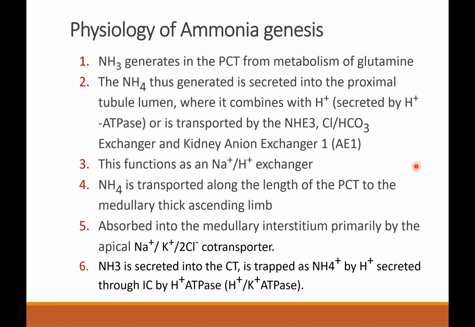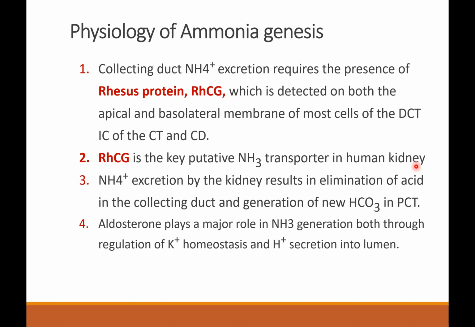For the chloride to go out requires the company of ammonia. So whenever there is less secretion of hydrogen ions or ammonium ion into the urine, there is not much ammonia in the lumen, so not much chloride is taken along with it. So chloride is retained. Okay. The physiology of ammonogenesis is continued.